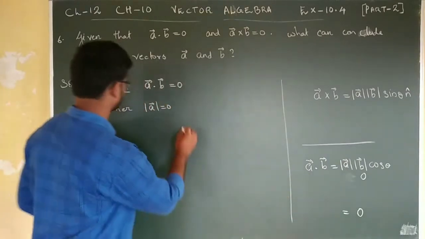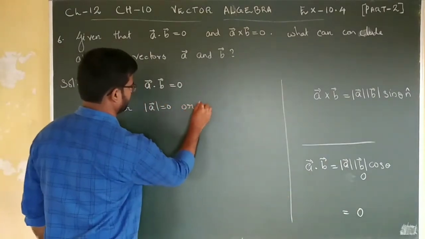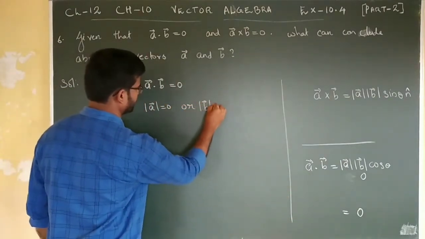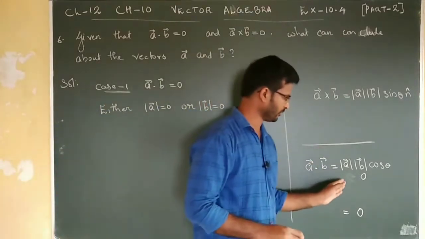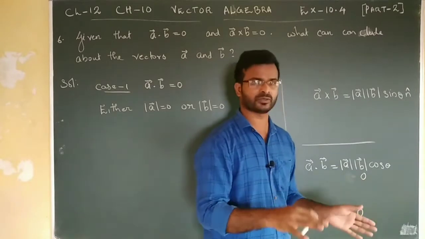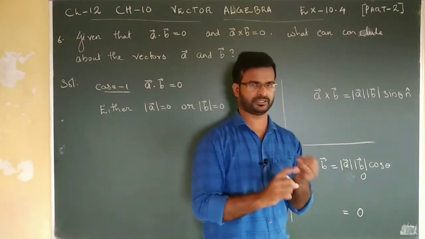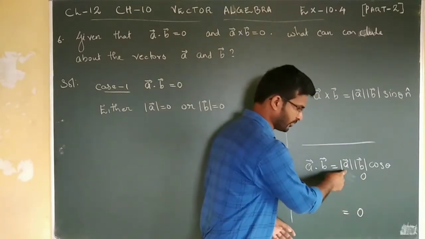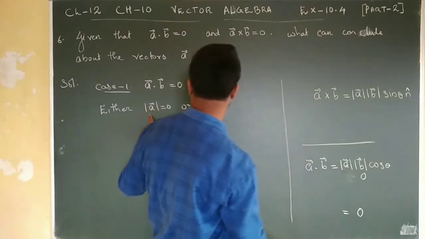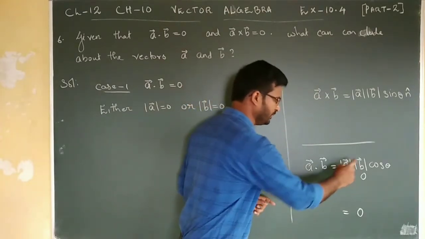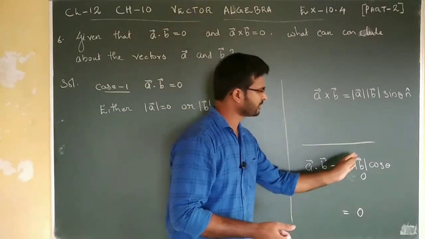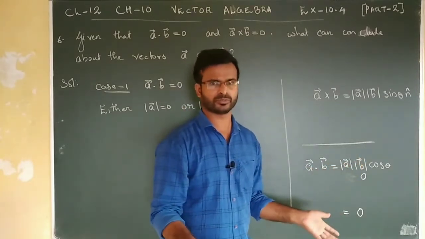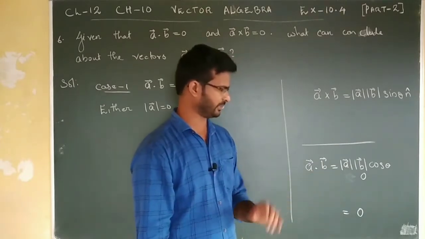Or the magnitude of A vector and B vector both 0, also we will get right side 0. That is also possible.